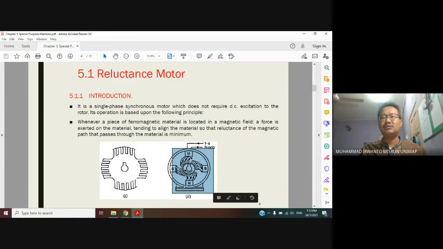The north goes to the south here, and the north goes to the south here, like repel and attract on the rotor. So the rotor can move.